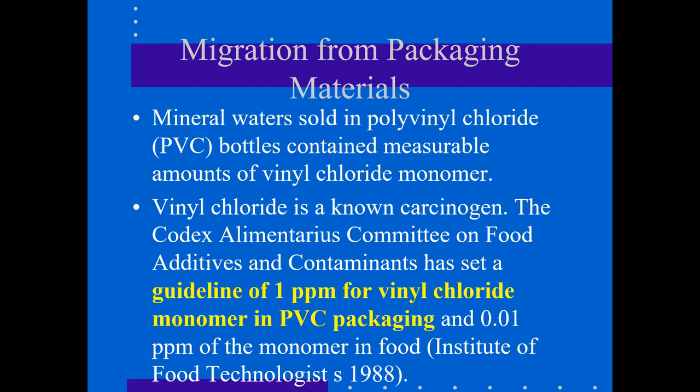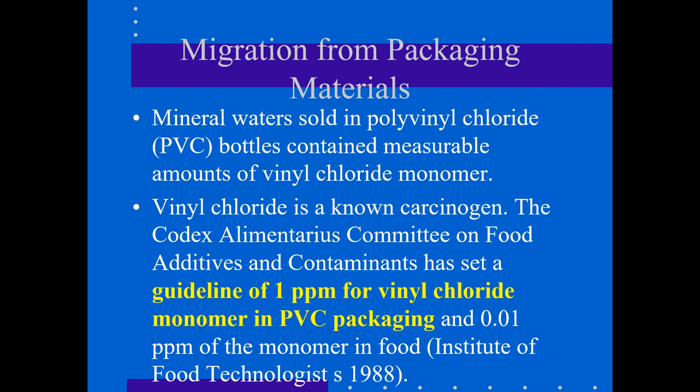Okay, next we look at another case of migration from packaging materials to the food component. So mineral water sold in PVC bottle will contain a measurable amount of vinyl chloride monomer.